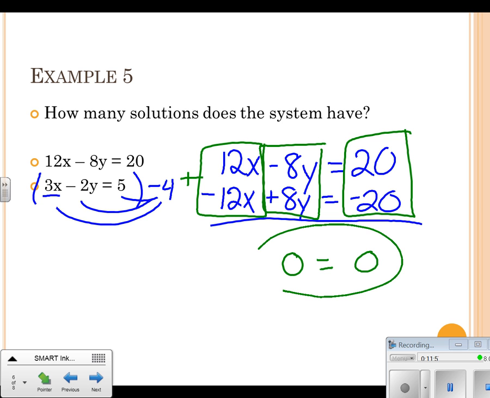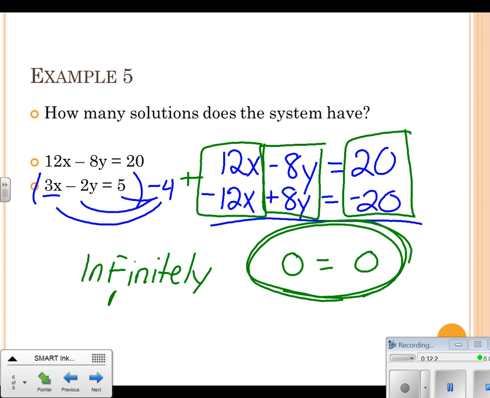Whenever you have some number equaling the same number when we use the elimination method, this means there are infinitely many solutions. This is like when we were graphing a function, and then we noticed as we graphed the second function that it was the same line. They are the same line. They have everything in common. So our answer is infinitely many solutions.